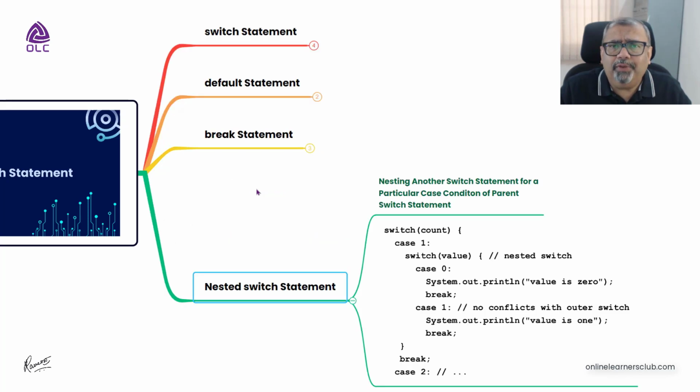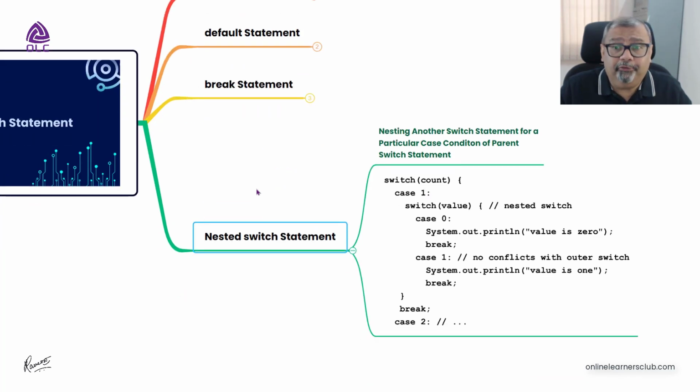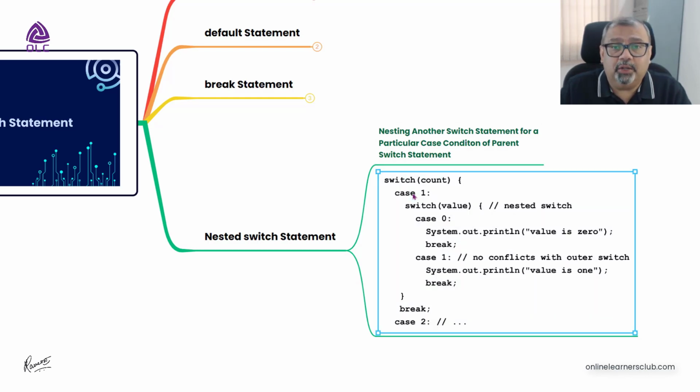And just like how we nested the if else statement, similarly we could also nest multiple switch statements. One switch statement inside another switch statement is also possible. For example, here you see this is a switch count, and in case 1 you take this and switch a value. This is nothing but a nested switch, and inside that there is one more switch statement. You might observe that here the value is also having 0 and 1, count is also having 0, 1.